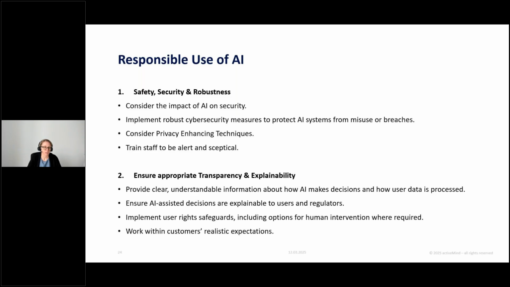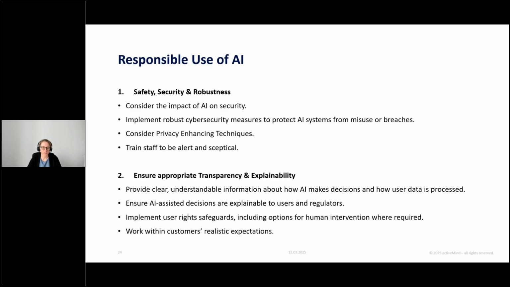Second principle, ensure appropriate transparency and explain what the AI system is doing. So provide clear and understandable information about how AI makes decisions and how personal data is processed. Ensure also that the AI-assisted decisions are explained to users and also to regulators.